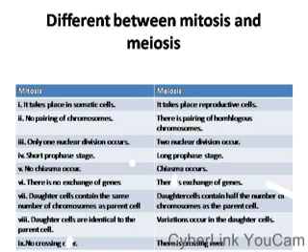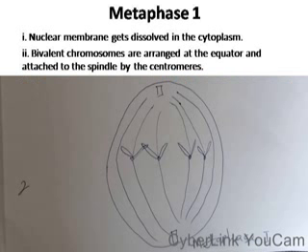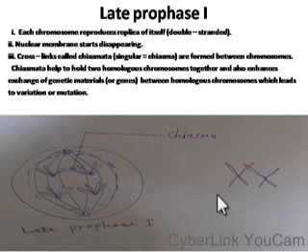In mitosis, there is no crossing over, whereas there is crossing over in meiosis. This is crossing over.